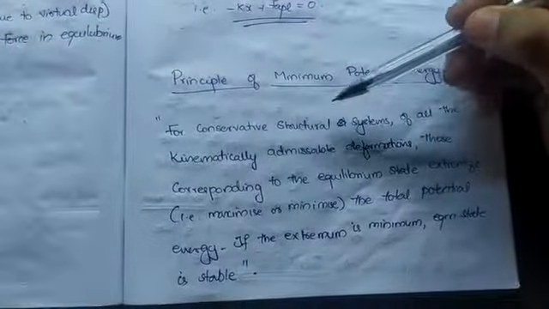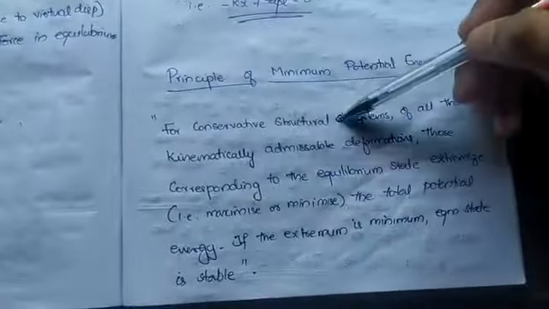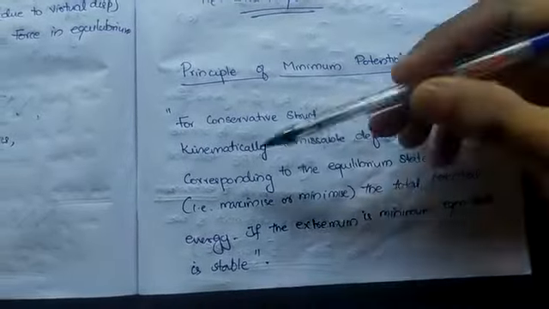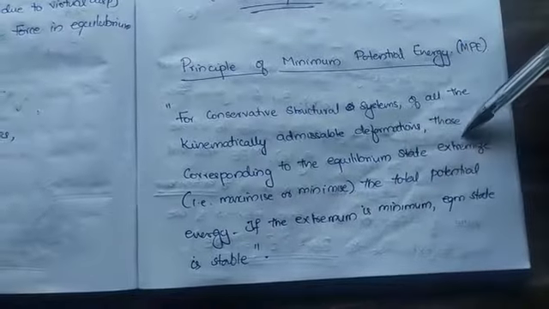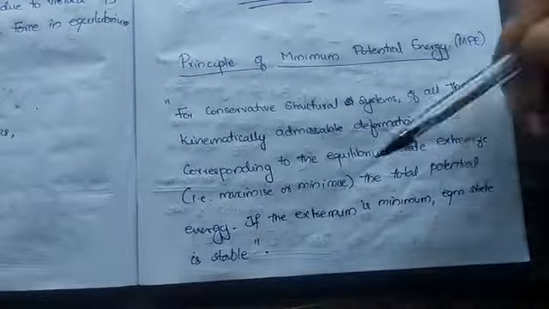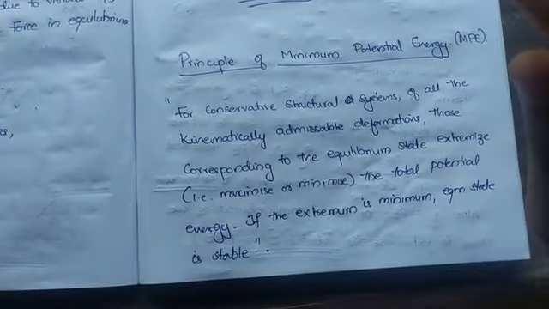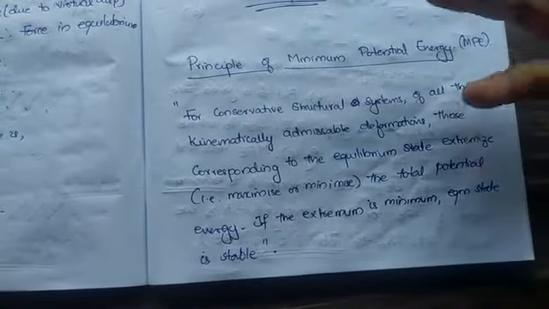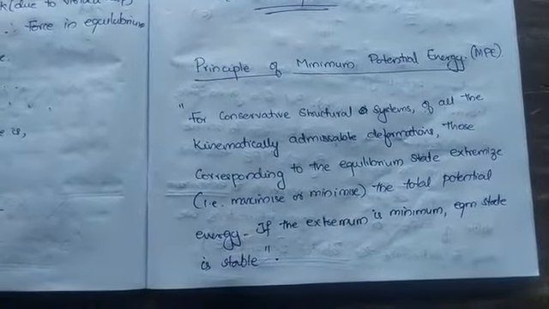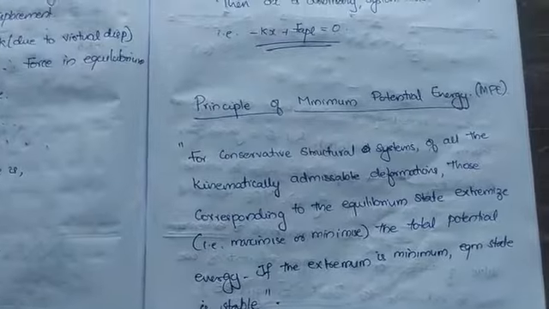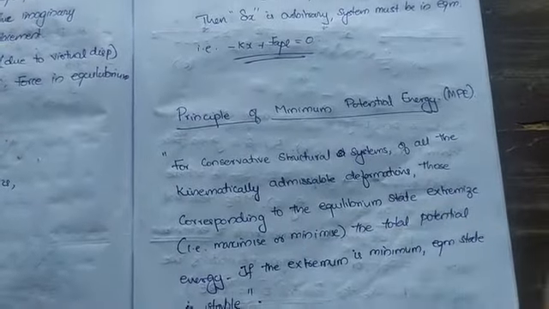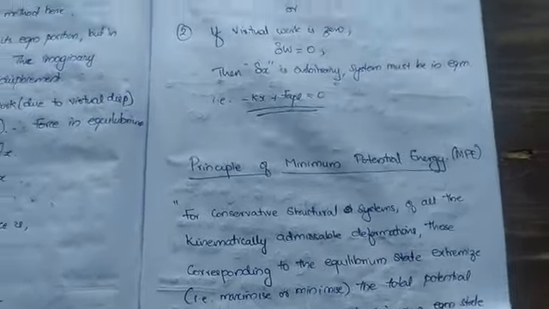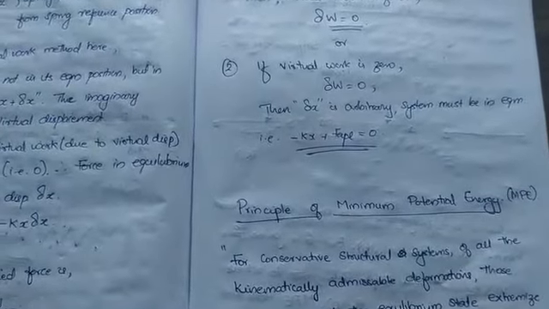Now read it once again: for conservative structural systems, of all the kinematically admissible deformations, those corresponding to the equilibrium state extremize the total potential energy. This is applicable for systems having many deformations; to attain the equilibrium state, the total potential energy should be maximized or minimized. I hope you got this concept.